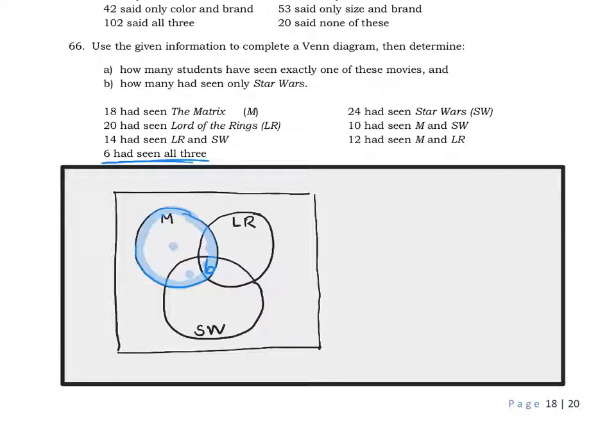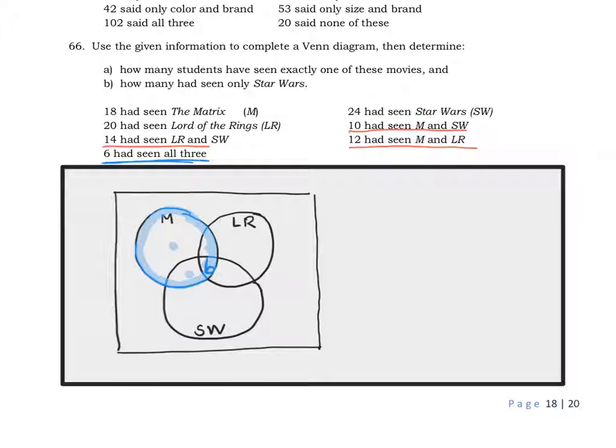Okay, now we'll notice we have 1, 2, 3 statements where they say how many people had seen, in this case, Lord of the Rings and Star Wars. You notice they didn't say Lord of the Rings and Star Wars only.